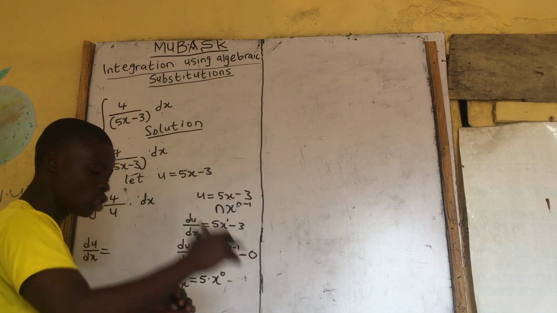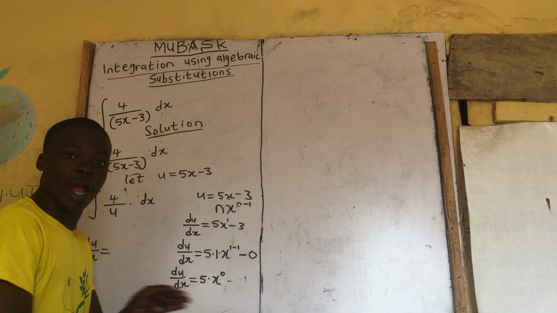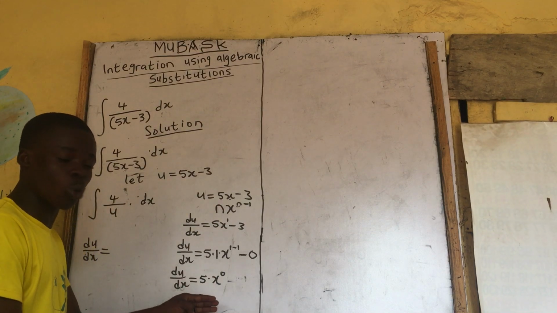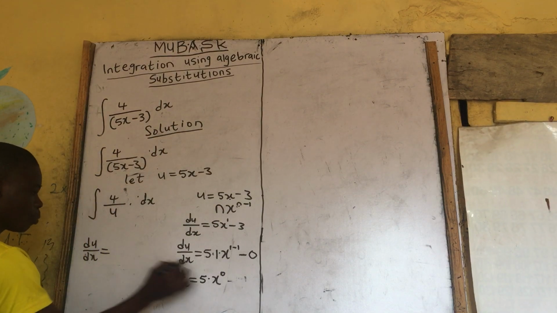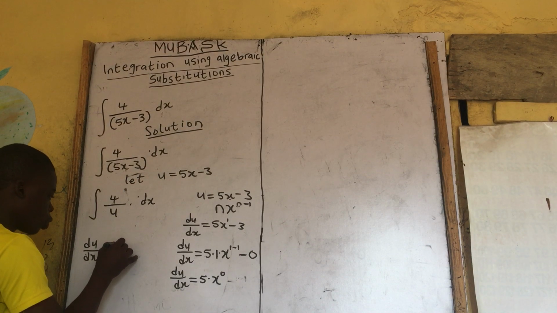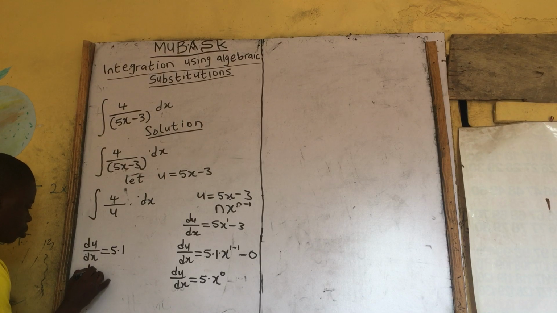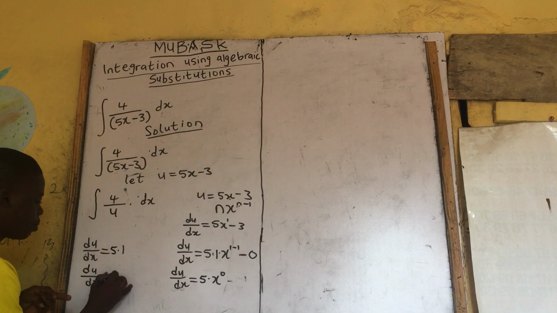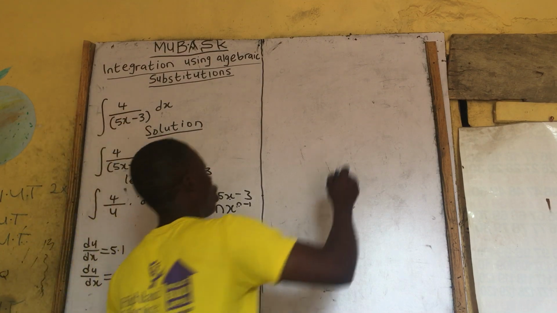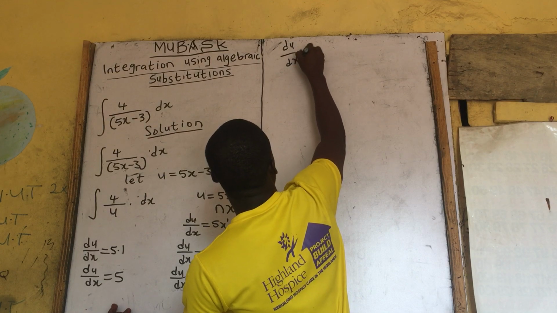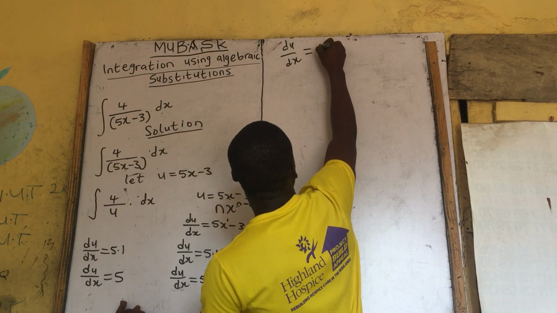So we have 5 times x raised to power 0, which gives us 5 times 1. So du over dx now equals 5 times 1, which gives us 5.